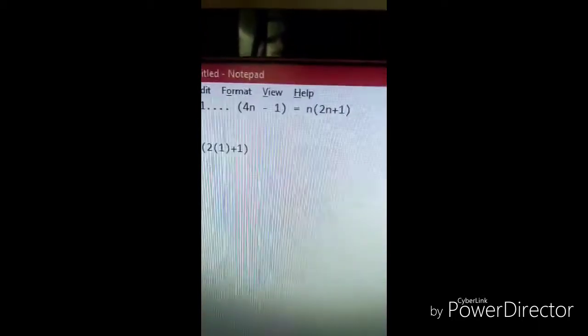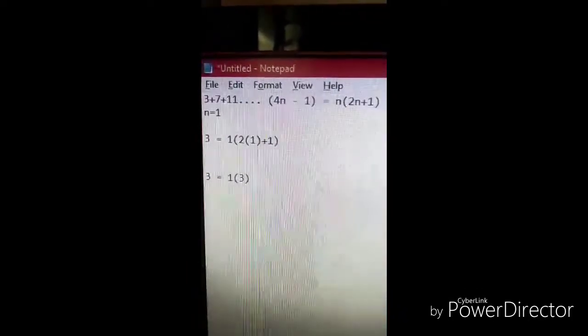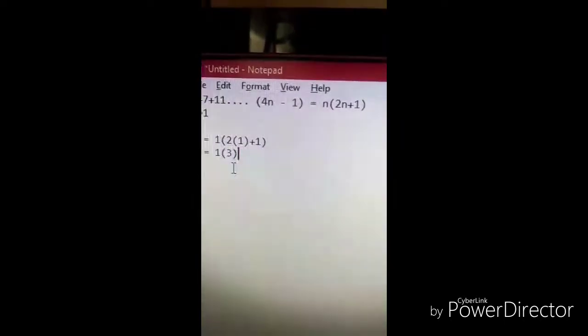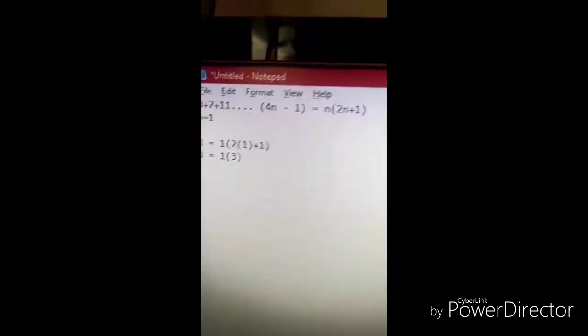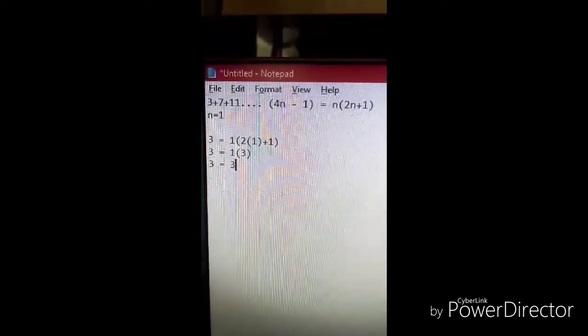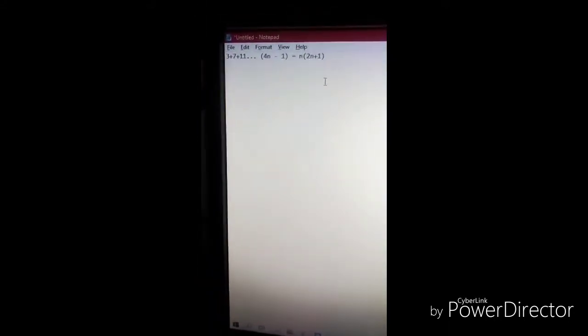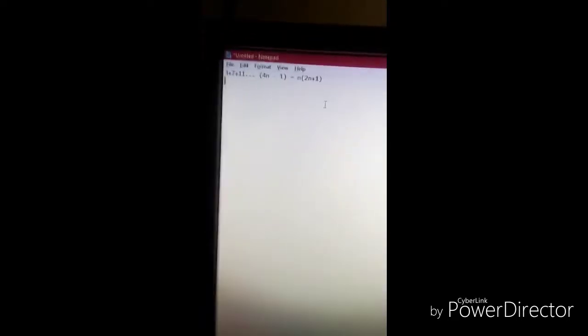And 3 times 1, then we'll have 3. There you go. And that makes our first statement true for n is equal to 1. There you go. Let's test it again.